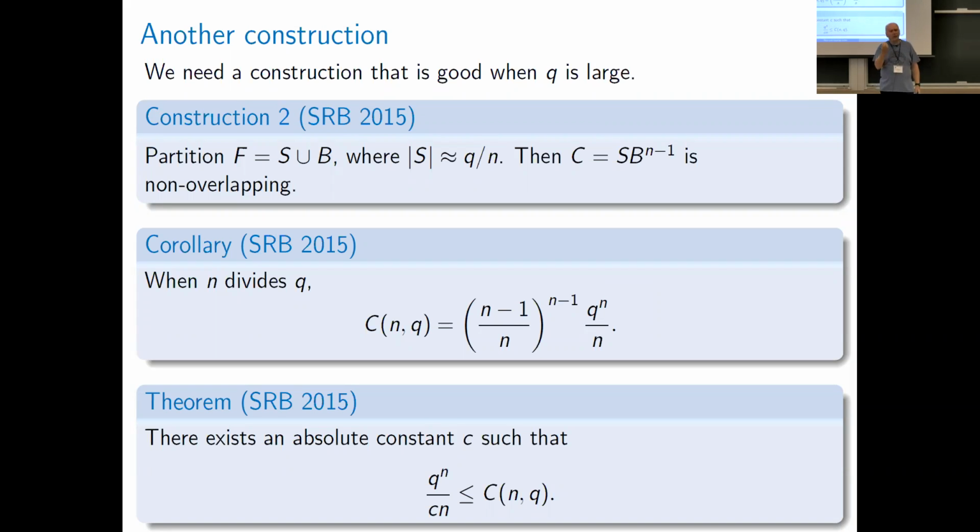The problem with just doing that construction is that there are weird situations to do with rounding errors. With construction 1, you're choosing this value of k, and because k has to be an integer and you want it to be, let's say, log n, you can't choose an integer that's sufficiently close, so you get something that's slightly wrong.